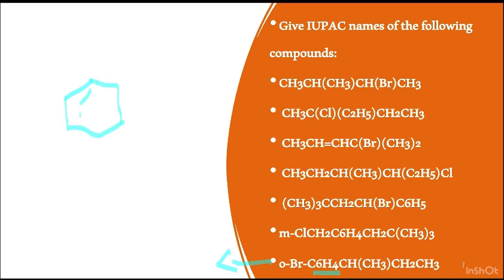Here is benzene. Put Br anywhere and then see the ortho position. At ortho position, you have to put this substituent. This is the ortho position. So you have CH, CH3. You have CH2, you have CH3.